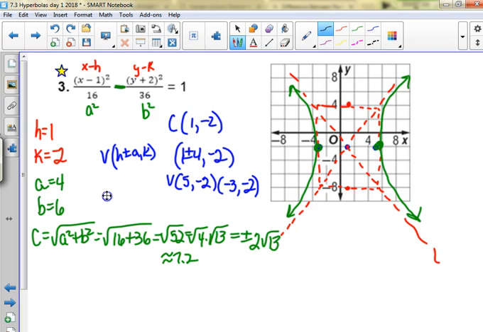So it says for the focus, when it's opening sideways, I'm supposed to do h plus or minus c, comma k. So we can leave those how? We got that? 1 plus or minus 2 square roots of 13, or even square root of 52, comma k, which is negative 2.